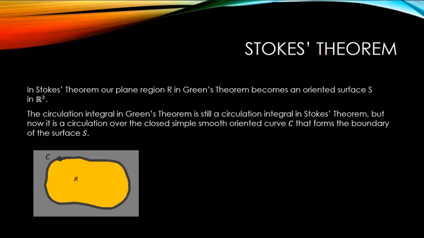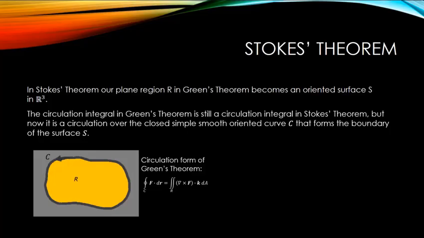In Green's theorem, I have a planar region R that is bounded by the curve C that has an orientation, typically taken to be counterclockwise as the positive orientation. The circulation form of Green's theorem for this region is the closed integral over C of F dotted with dr, which was equal to the double integral over R of del cross F dotted with k dA.